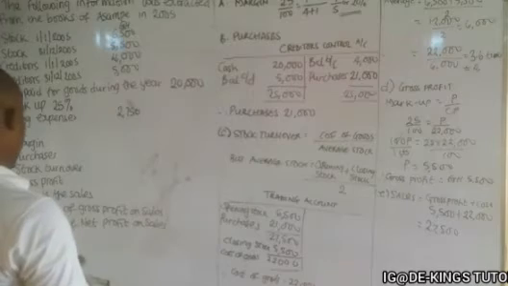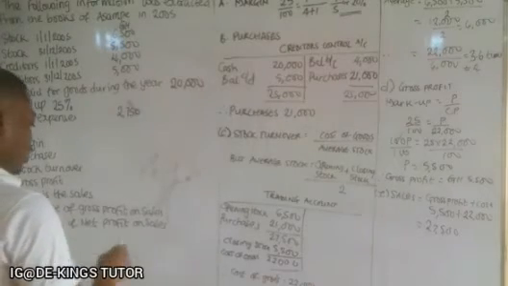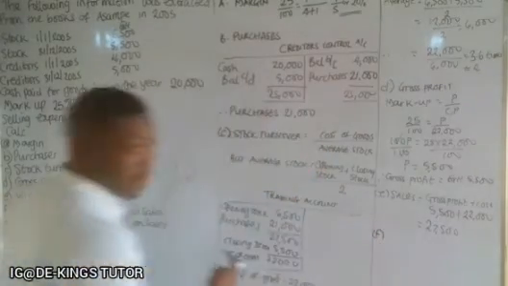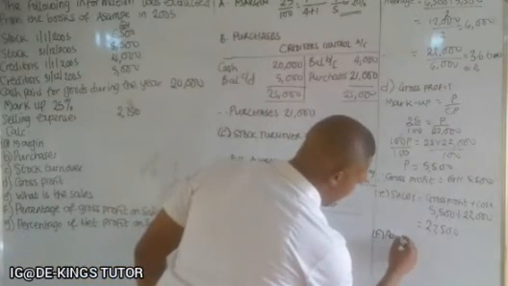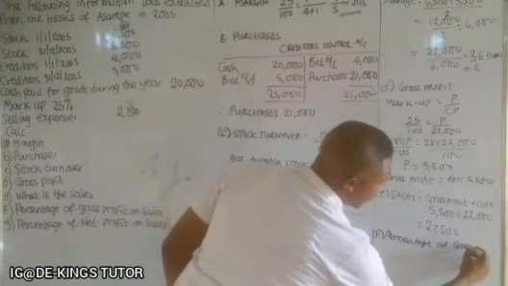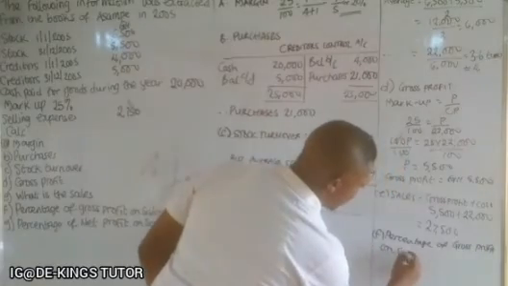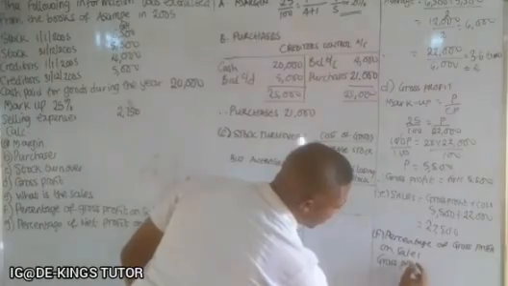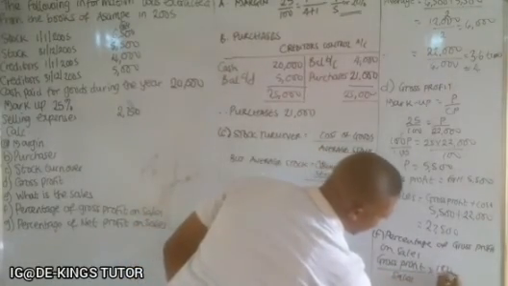Now the next one is F, the percentage of gross profit on sales. It is given as gross profit over sales times 100 over 1.